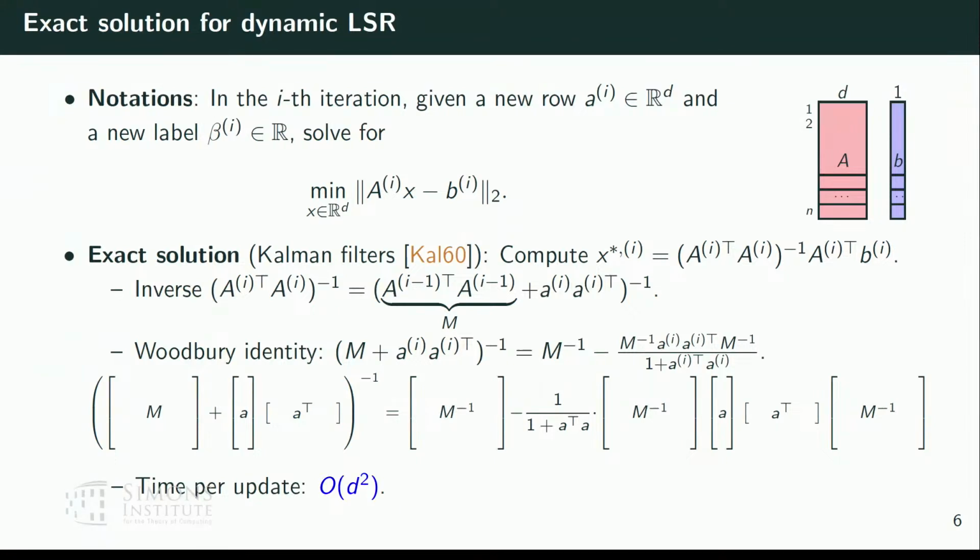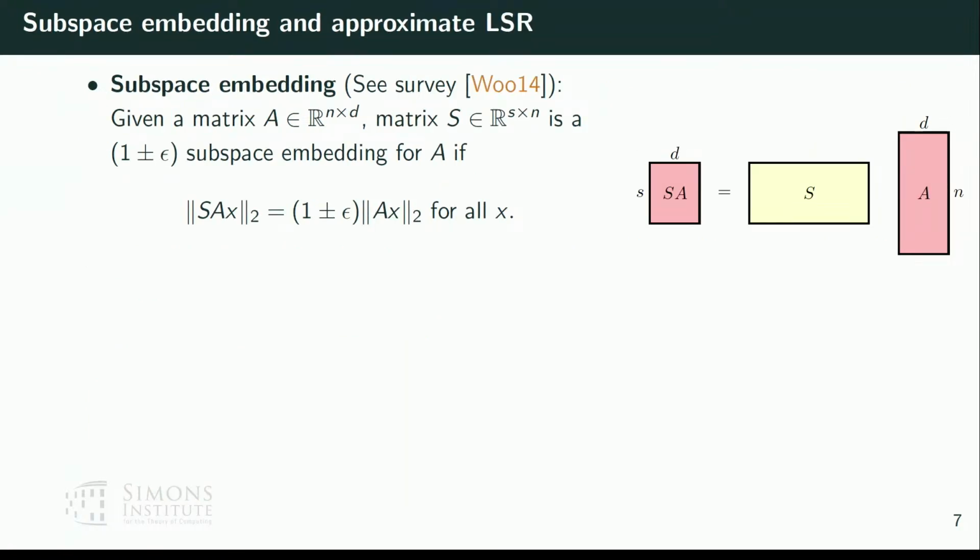Okay. And this is if we wanted to do an exact solution. But we are actually happy to just maintain an epsilon approximate solution. So what are some techniques that are used in the static case for just epsilon approximate solutions? Well, the standard technique is called subspace embedding, and a lot of this is covered in the survey by David Woodruff. So for subspace embedding, if we are given a very tall matrix A, we can have a matrix S to compress this larger matrix A into a much smaller matrix SA.